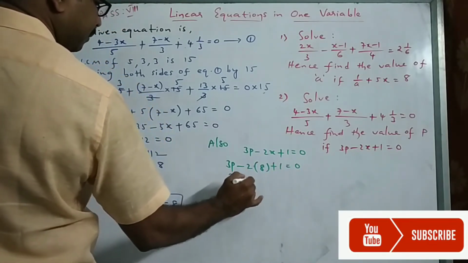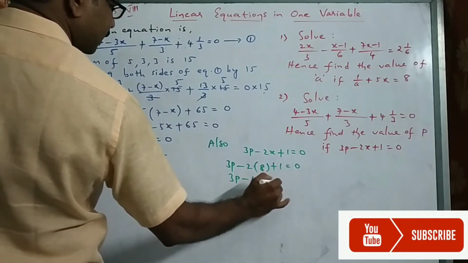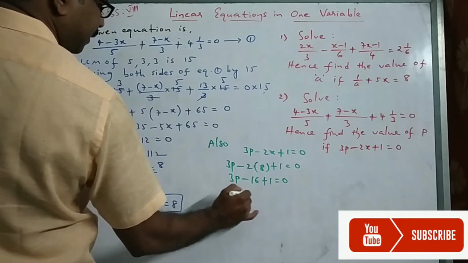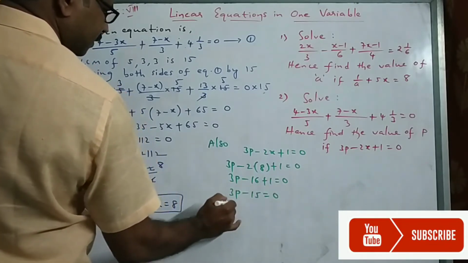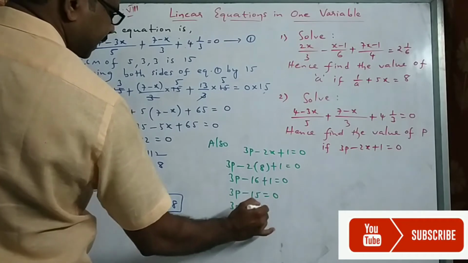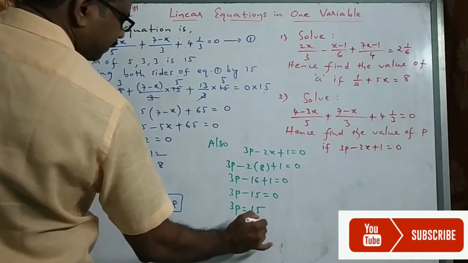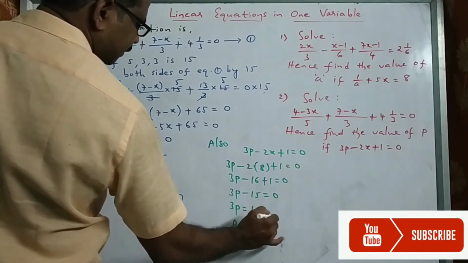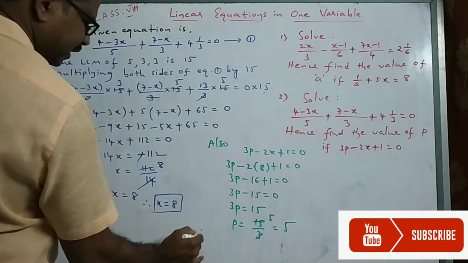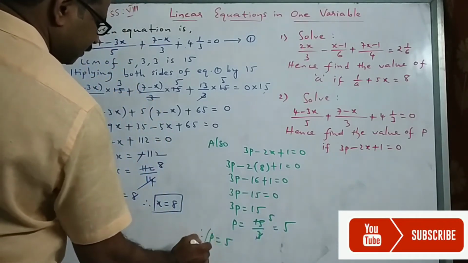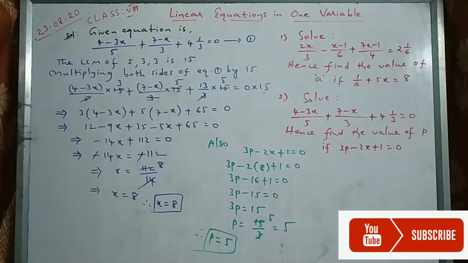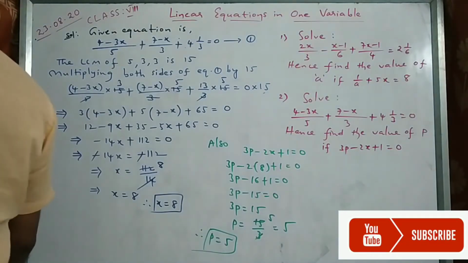So 3p minus 8 twos are 16 plus 1, 3p minus 15. 3p equal to 15, p equal to 15 by 3. So what is the value of p here? 5. That is the end of solution.